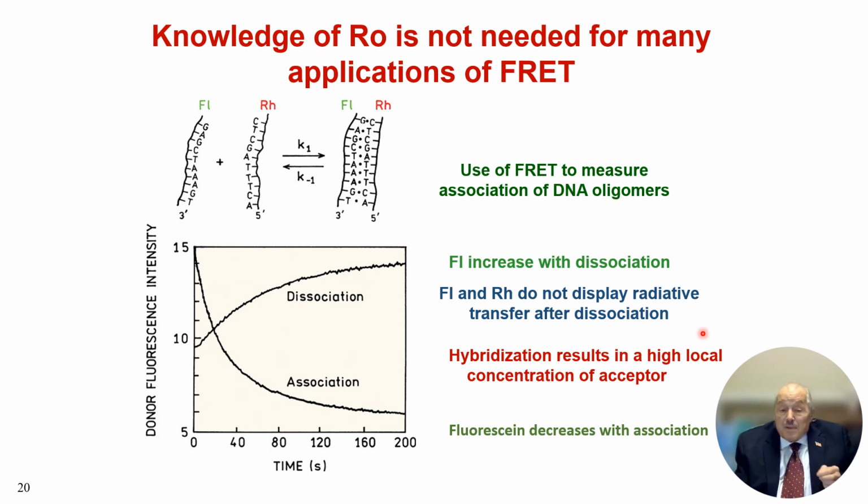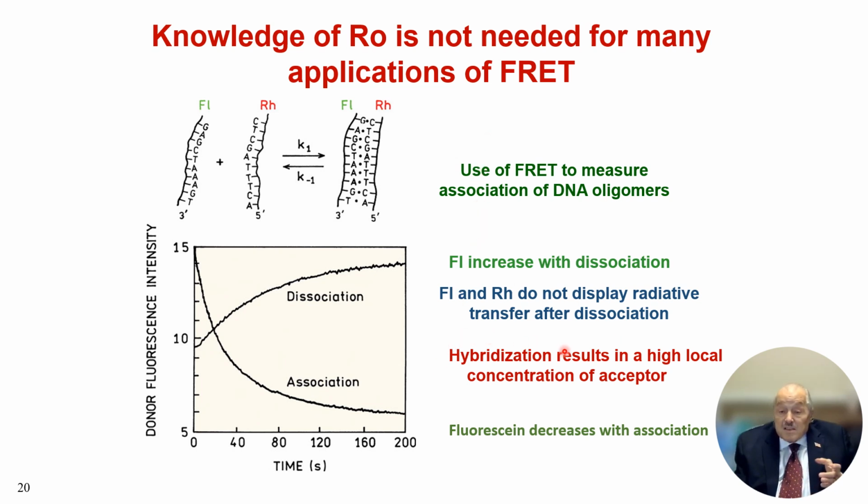Now, there's an important thing to notice from this experiment. This would probably be done in a cuvette, a couple of milliliters of solution. When they're just dissolved in the cuvette, they don't transfer energy anymore. They have to be very close to transfer energy, so it's only when they're in this double helical form. But the moment they dissociate, they stop transferring.